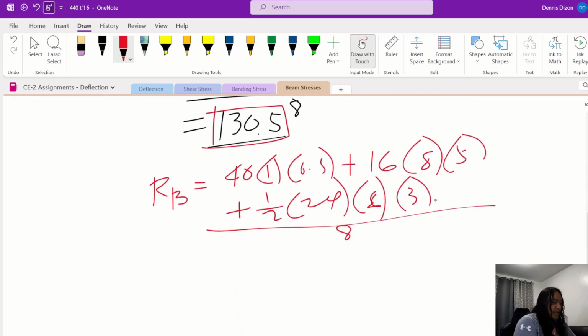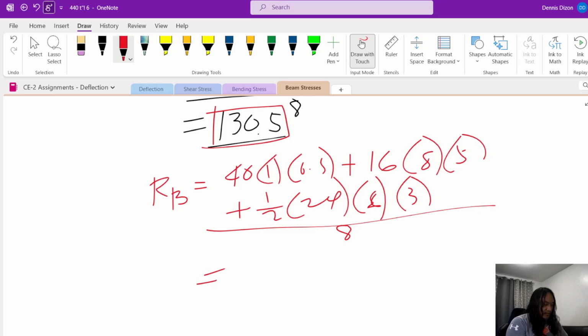So therefore RB is equal to 40 times 0.5 plus 16 times 8 times 5 plus 0.5 times 24 times 6 times 3.